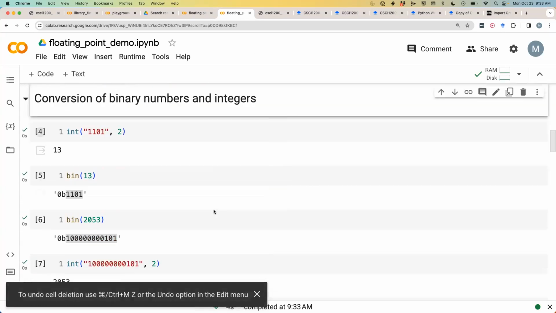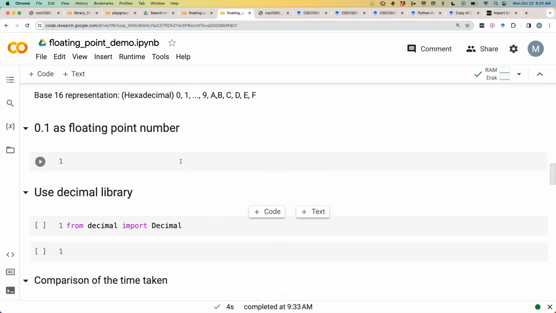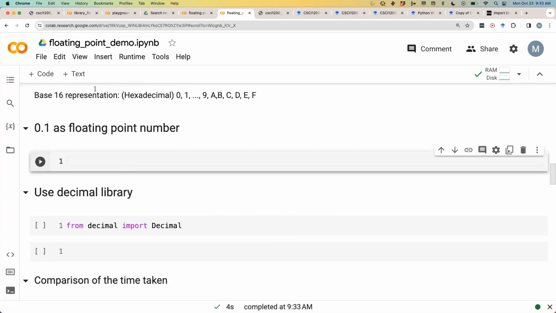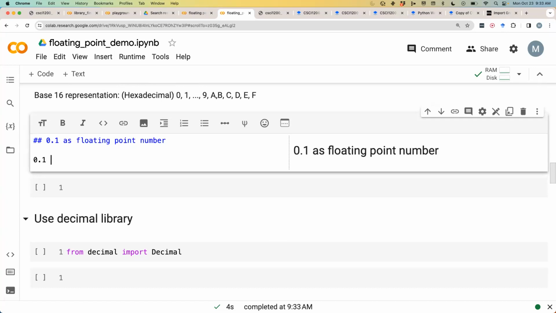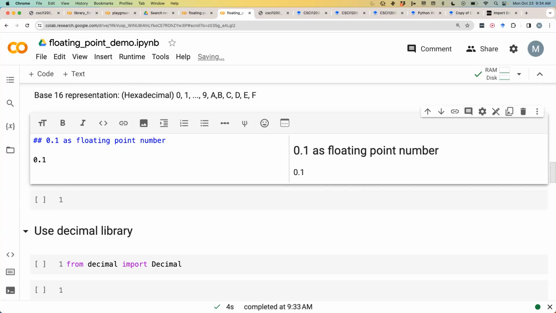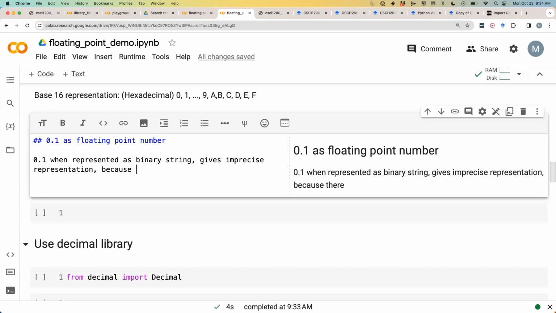Okay, so I'm going to write down here. 0.1, when represented as a binary string, gives imprecise representations because it requires infinitely many binary digits to represent it.